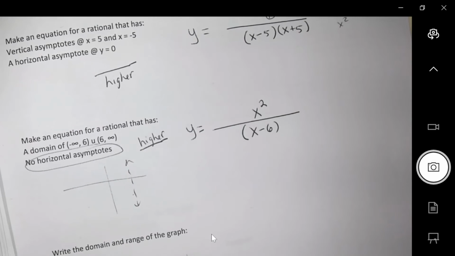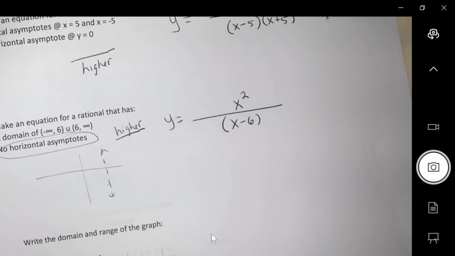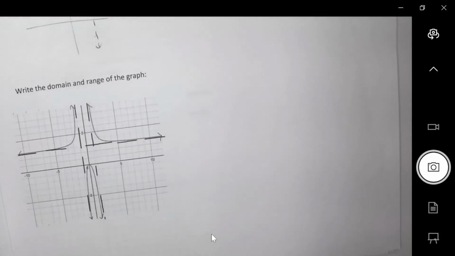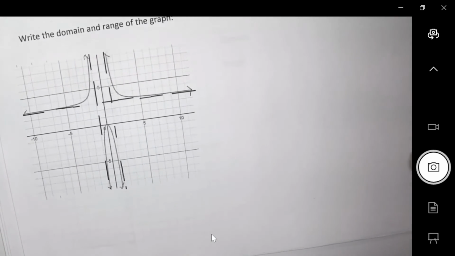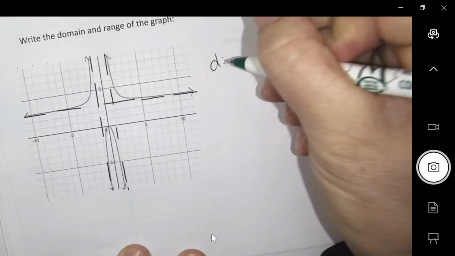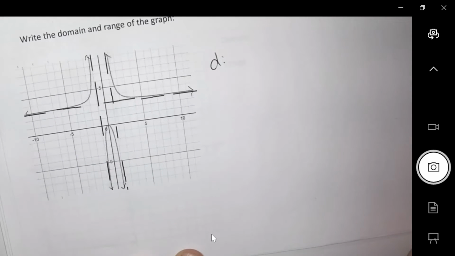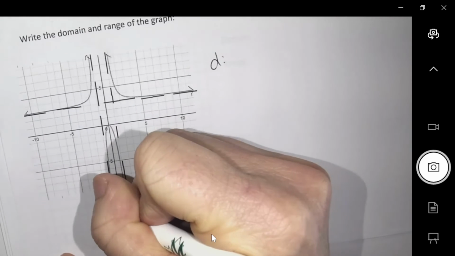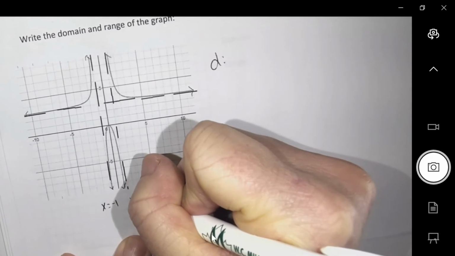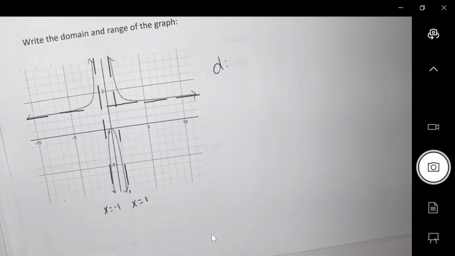Okay, should we do one more practice with domain and range? There's a test question exactly like this. Okay, by the way, this is a -1 and a +1. Those asymptote lines.